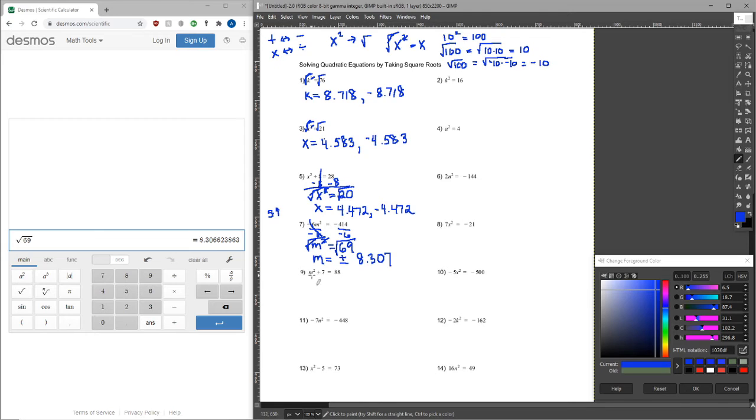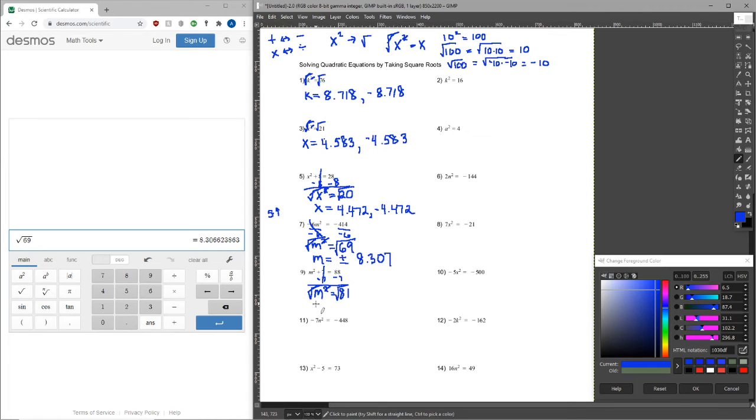Okay, let's try another one that was a lot like number 5. M squared plus 7. Got to get rid of that 7 before you can do your square root to get m all alone. So subtract. And m squared is all alone now. It's isolated. 88 take away 7 is 81. Ooh, nice perfect square number. You guys will probably remember that 9 times 9 is 81.